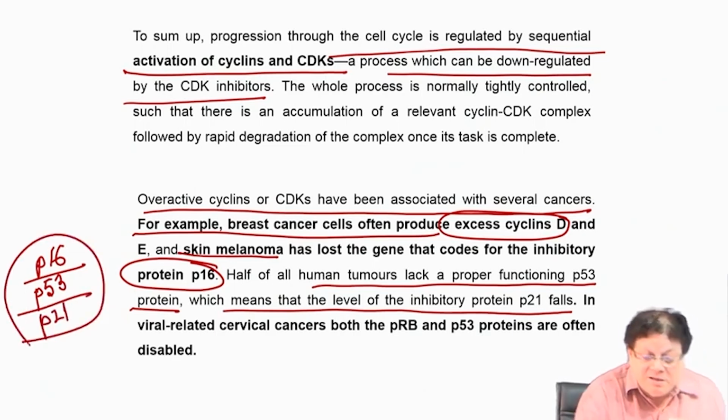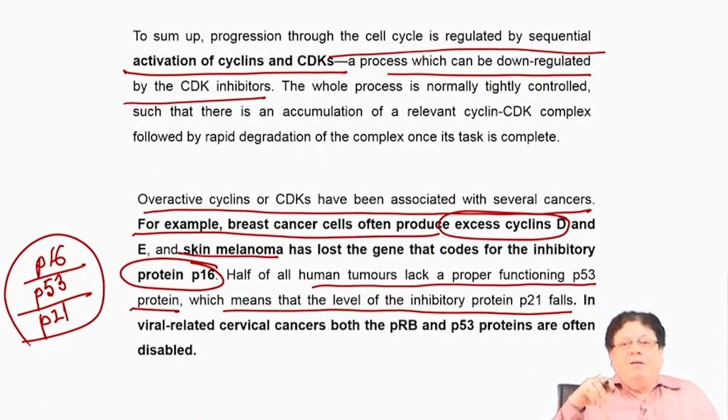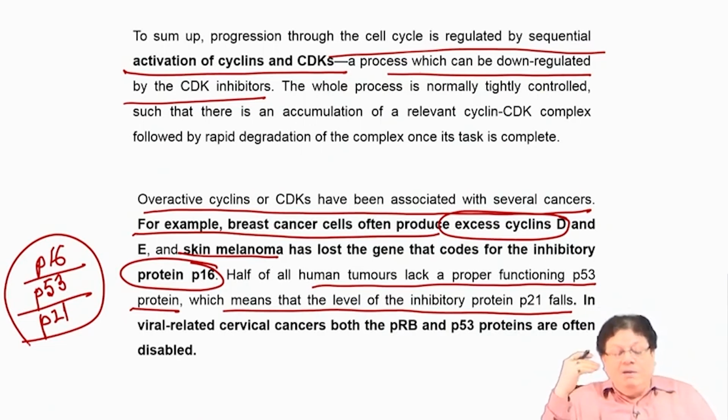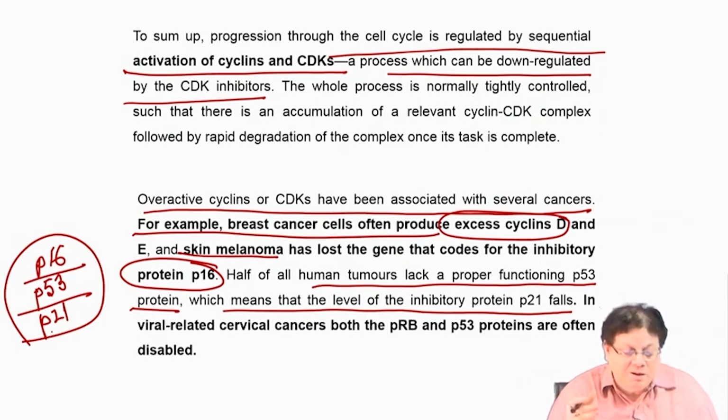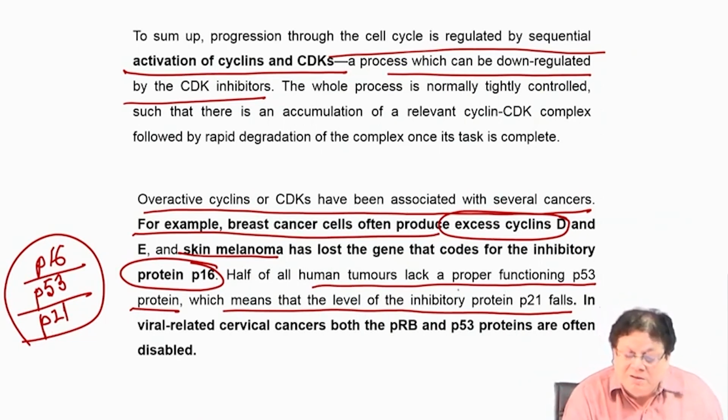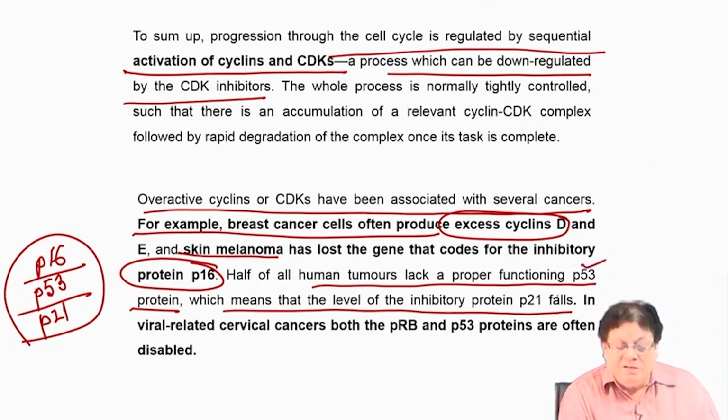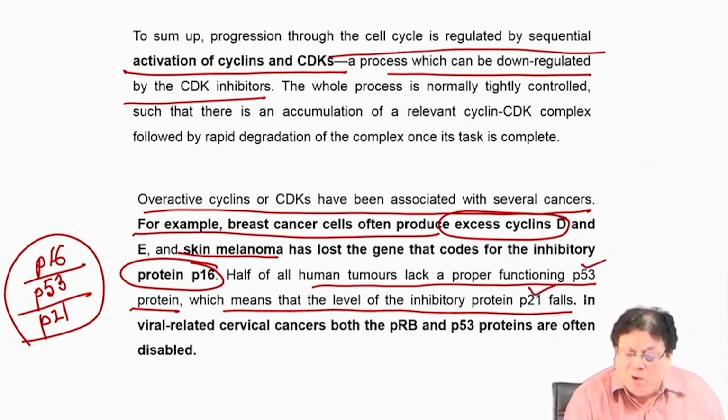So, these proteins actually control growth. Actually, they have an inhibitory effect on the growth. So, what has been found is that there is a lack of proper functioning of P53 protein, also the level of P21 is low, and as I said, in skin melanoma, P16 protein is lost.